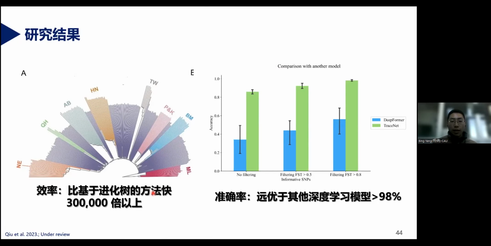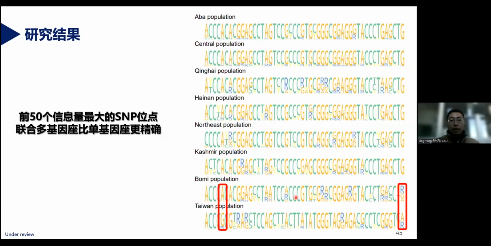And our model, while testing, can be 300,000 times faster than traditional evolutionary tree methods at test time, and the accuracy is far better than the latest transformer-based algorithm, with accuracy over 98%. And our model's interpretability and credibility, and whether it provides insights, are very important.